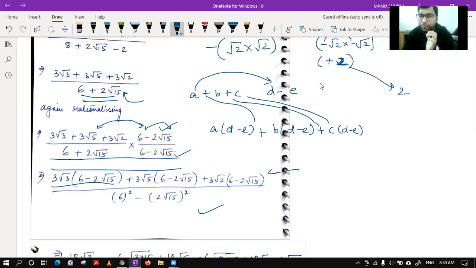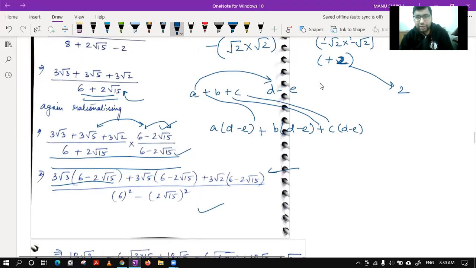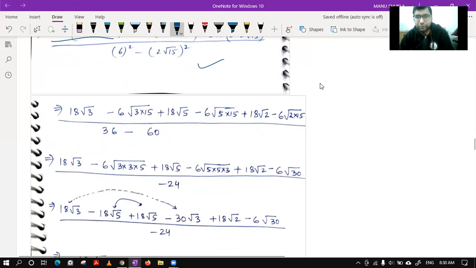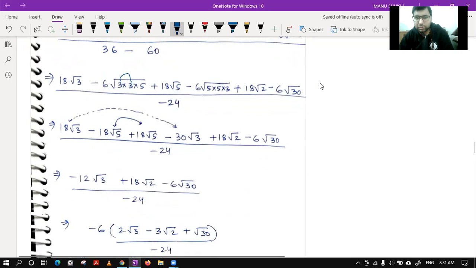Class, please confirm. You can see the concepts are the same, only the complexity is increasing, nothing else. The concepts are the same that we have done for the normal questions. Please confirm. Okay, so just after that I have solved, and after solving I found that this number can be further simplified. That is why I took out the 3 and got these values at the final step and got this answer.